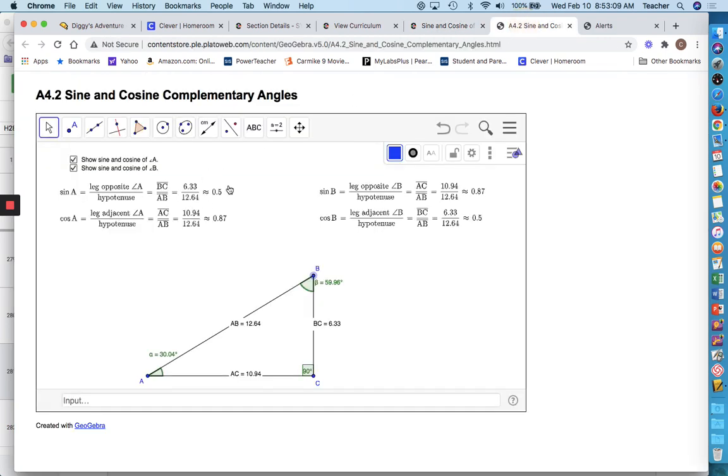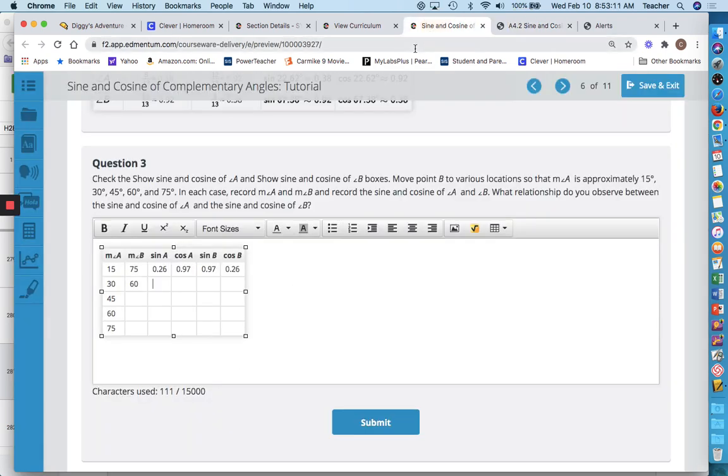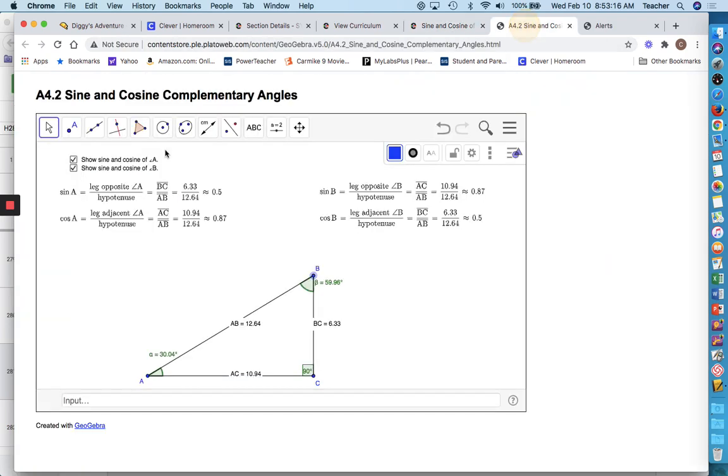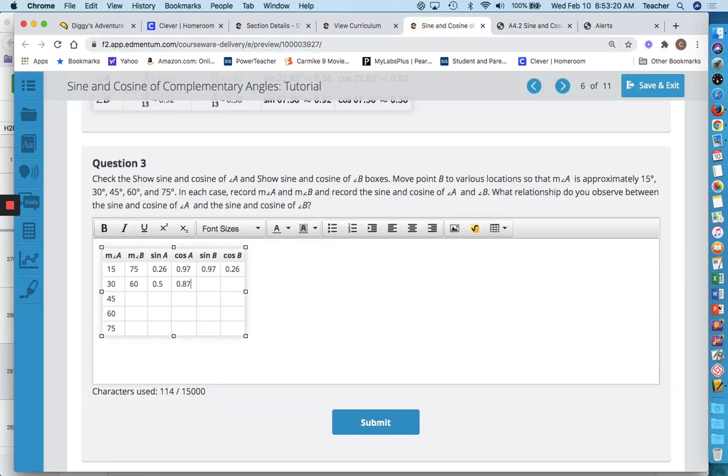Sine of A is 0.5. Cosine of A is 0.87. And remember, they switch, so now it's 0.87, and this one's going to be 0.5.